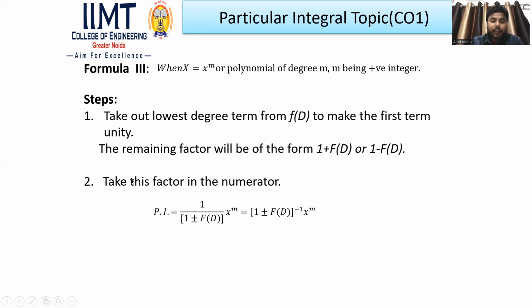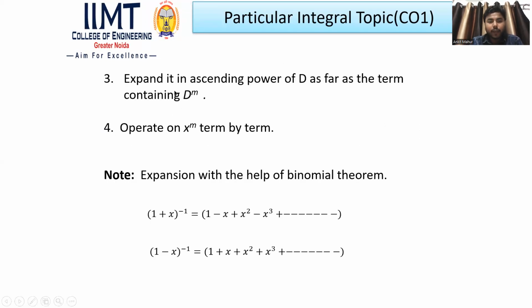Step 2 is take this factor to the numerator, that is PI equals 1/(1 plus or minus φ(D)) x^m, or it can be written as (1 plus or minus φ(D))^(-1) x^m. Step 3 is expand it in ascending powers of D as far as the term containing D^n.